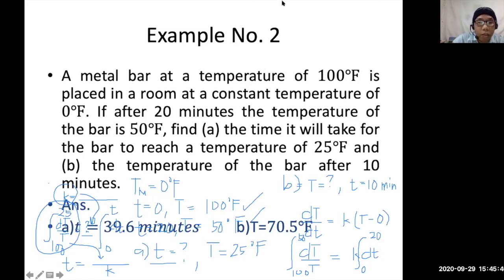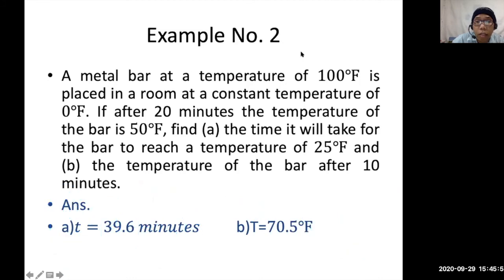Let me clear this first because it is a bit messy. So this is the answer, guys, just in case you want to know the answer for letter A. The time is 39.6 minutes or close to this, whether you round off or not. So at least 39 minutes. And the temperature after 10 minutes is 70.5°F. So it makes sense that it is greater than 50 and less than 100, the initial temperature of the metal bar.